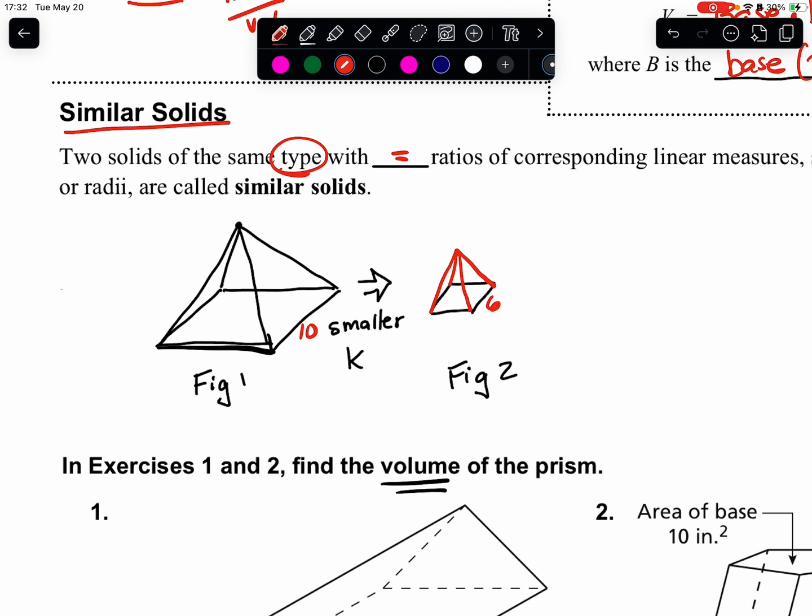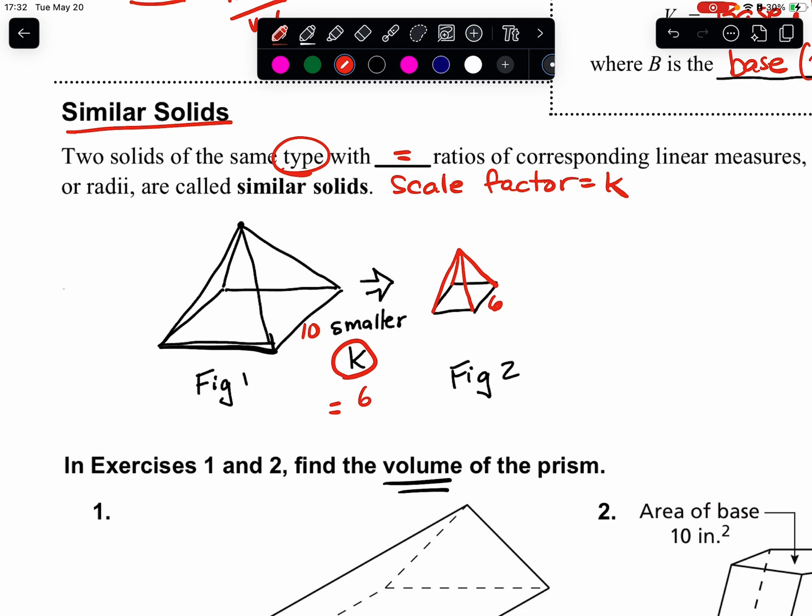And then I know that if these are similar, then I have a scale factor. Remember scale factors? In fact, let's not put that here. Let's put that up here in the definition. We use a scale factor, and we refer to that scale factor as K. So that's why we have K going here.